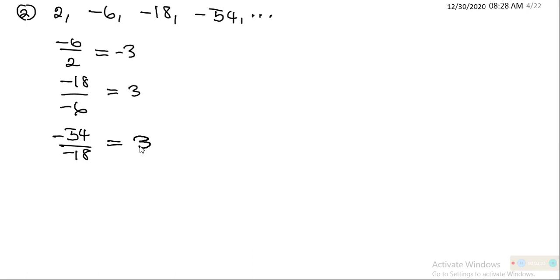Okay, so I think there's something wrong here. This is supposed to be plus, and this is minus. So the common ratio, because the ratio is obtained by division, is minus 3.